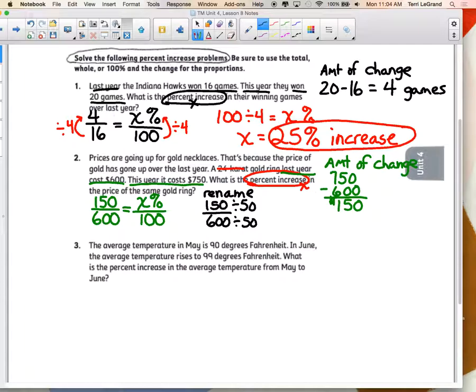Even if you have to come over here and do something like 150 divided by 50, that one maybe you might not have to, but this one you might have to. 600 divided by 50. What's 150 divided by 50? How many 50s are in 150? 30. Not 30, only 3. Yeah, 3. There's 3 50s in 150.